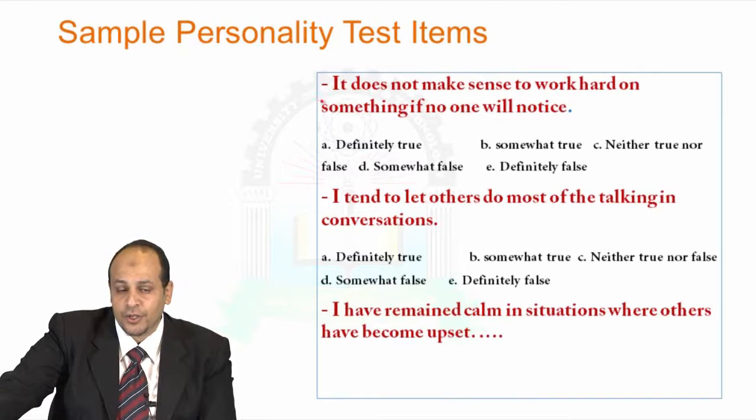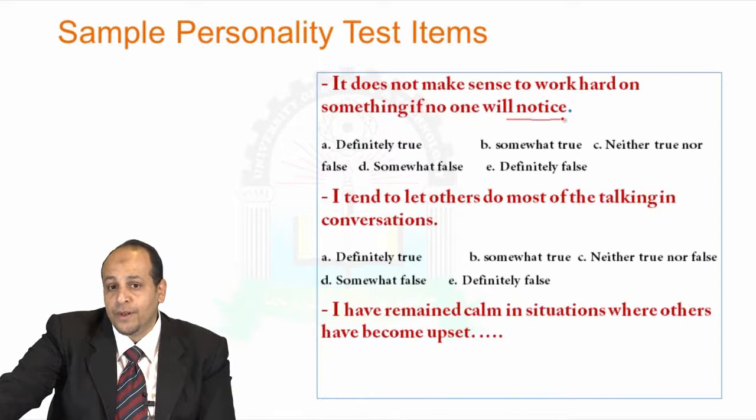Examples, look at this question. It doesn't make sense to work hard on something if no one will notice. Now, there will be different answers. Definitely true, somewhat true, neither true nor false, somewhat false, or definitely false.